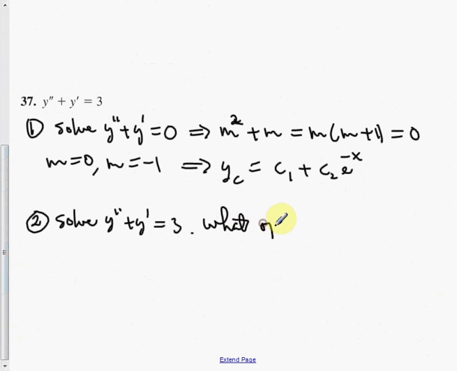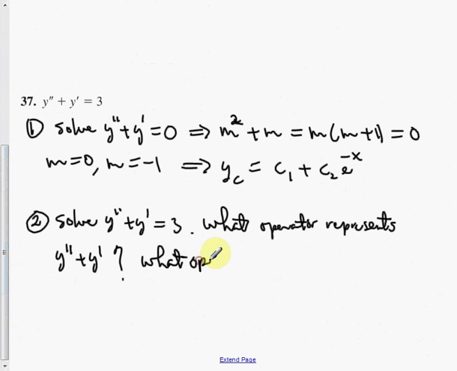So what operator represents y double prime plus y prime, and what operator annihilates 3?